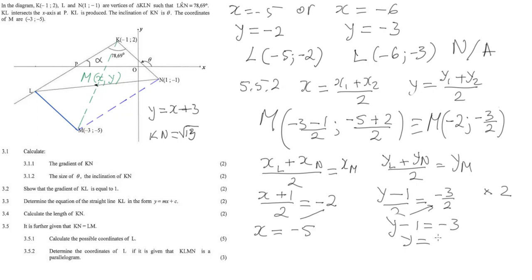Minus 3 plus 1 will give you minus 2. So the coordinate of L is what? Minus 5 and minus 2. Simple. If you are good in mathematics, you can skip all these steps and go just fast. Thank you.